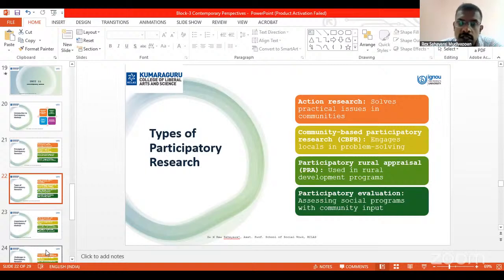Mahatma Gandhi National Rural Employment Guarantee Act. We say 100 days work. Have you heard about it? If you go to their website, there will be a column called social audit. It is a participatory approach.